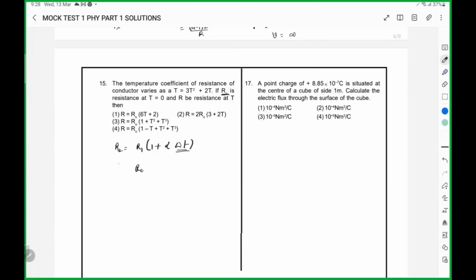After a certain temperature, this is final. R0 alpha delta T is the change in the resistance, which is equal to R0 alpha dT. So dR is equal to R0 alpha dT.